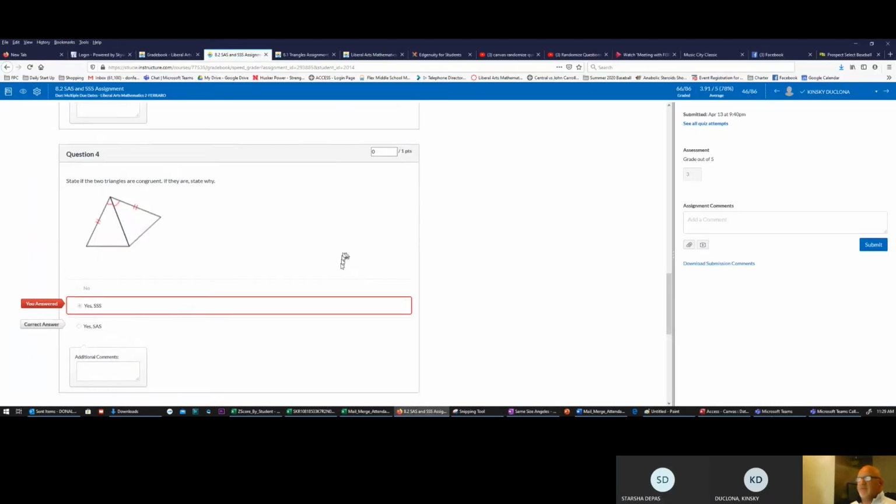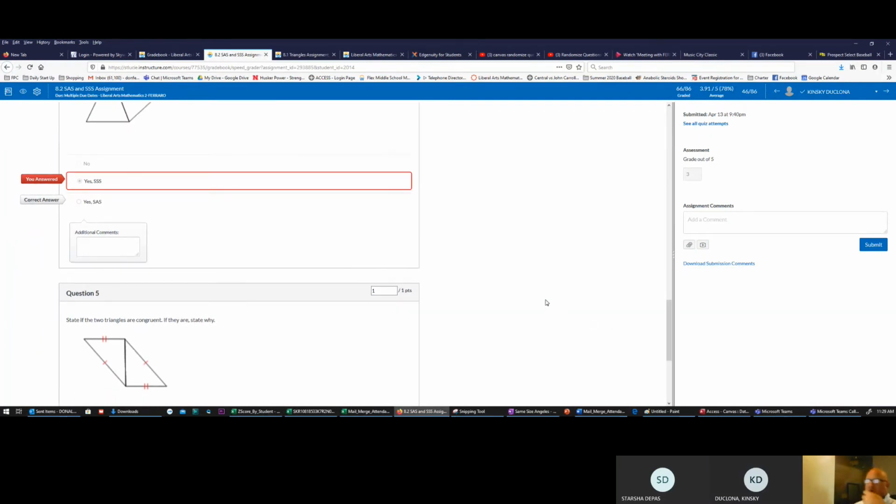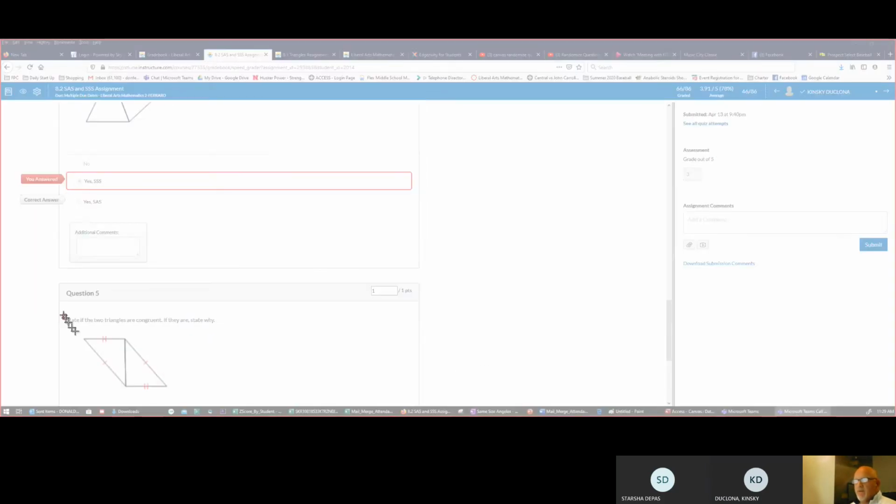All right. Now let's take a look at this one. Who can tell me what parts of these two triangles are congruent? The side.